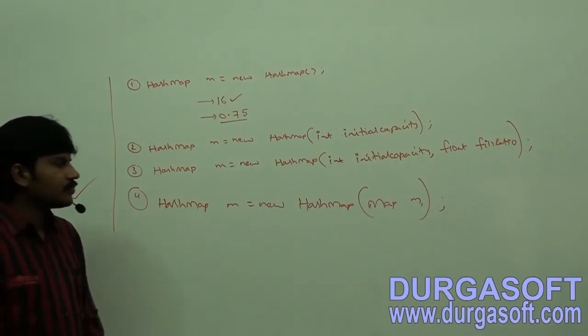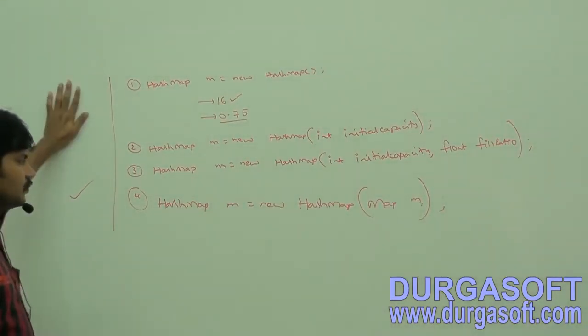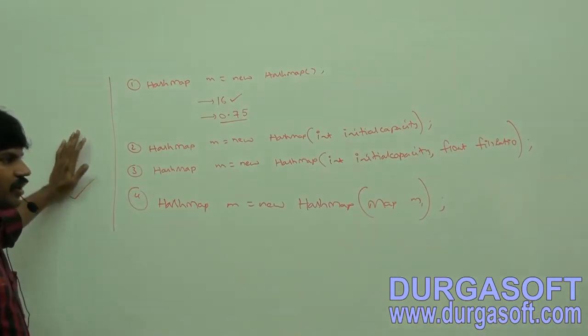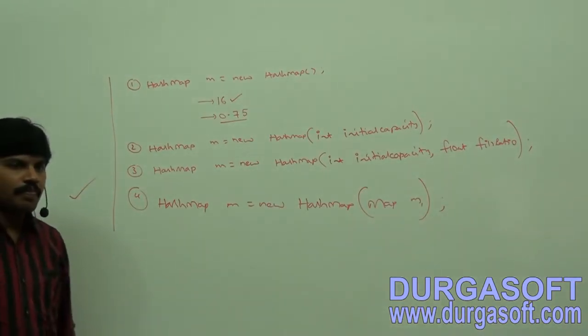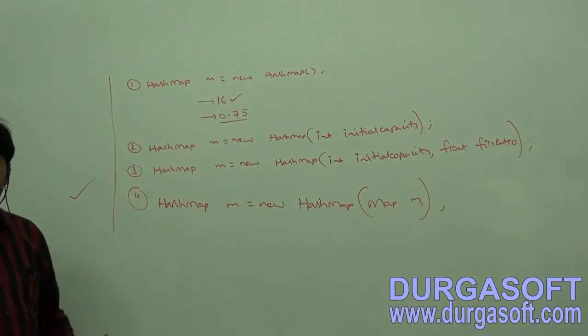So these are the 4 constructors related to HashMap. Are you able to understand that?